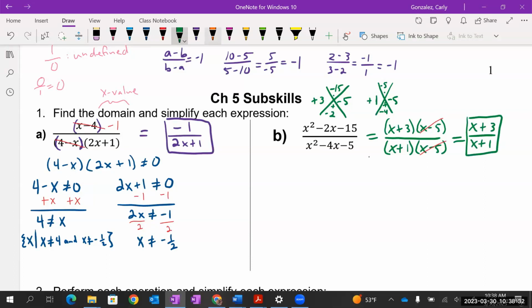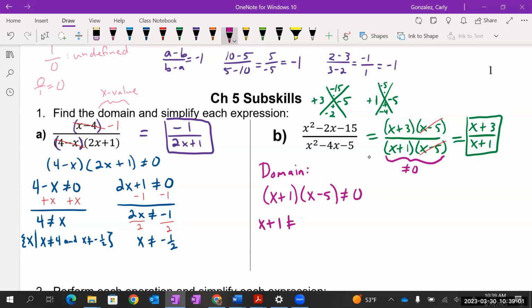However, when we go to find the domain, we have to look at the denominator before anything is canceled. So still, we need that whole original denominator to not equal 0. So we'll set that up by x plus 1 times that quantity x minus 5 cannot equal 0, which means again that each factor may not equal 0.